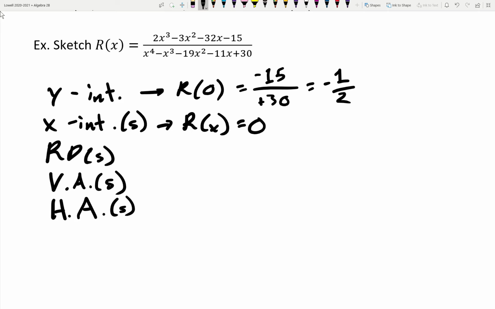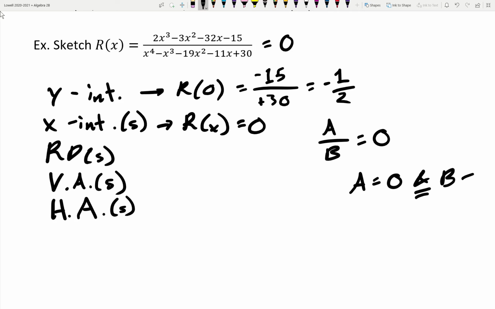This big funky fraction equals 0 looks kind of intimidating, but remember, if you have a fraction a over b equal to 0, the only thing that matters is that a equals 0. The only way to get 0 through division is if you have 0 divided by some number. We also have to keep in mind that b cannot be 0 at the same time.